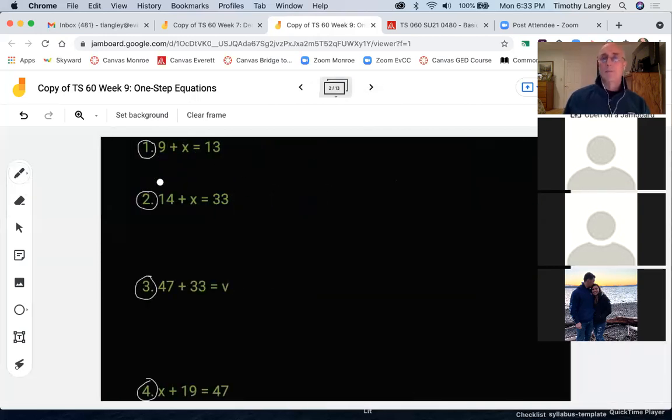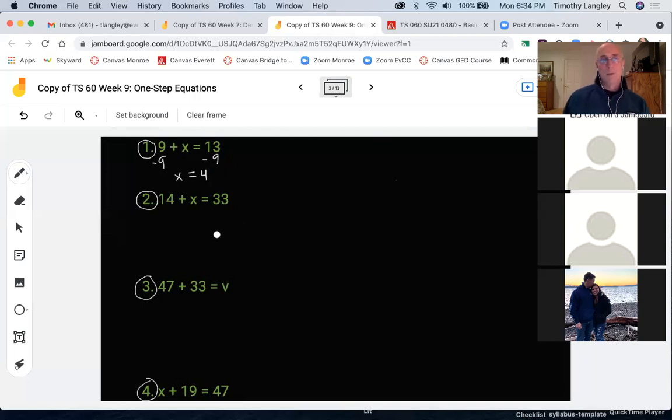Here's plus, means I'm going to subtract. I would subtract 9 from this side, and don't forget to write it over here before you do anything. Write it on both sides. Now I've got 9 minus 9 is 0, so I've got x equals 4, okay? 13 minus 9 is 4, okay?